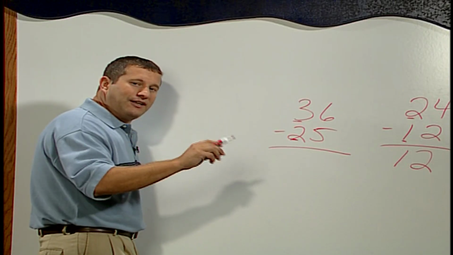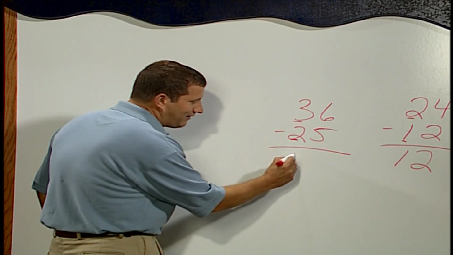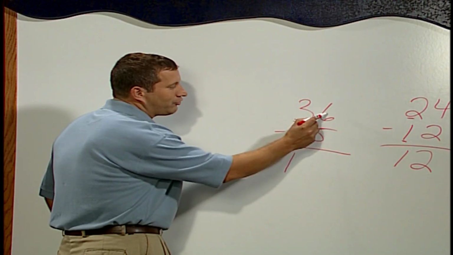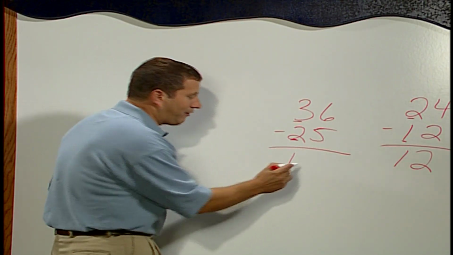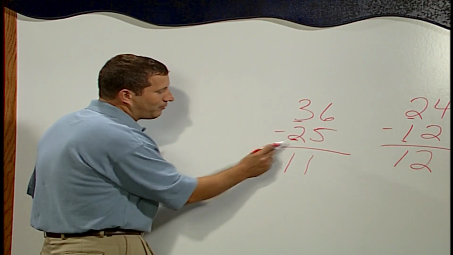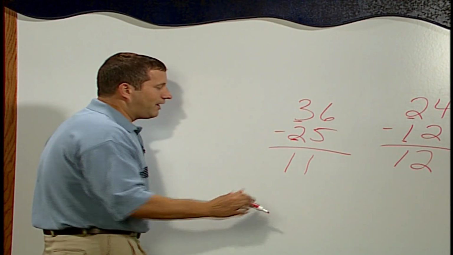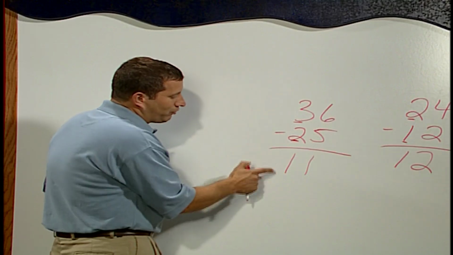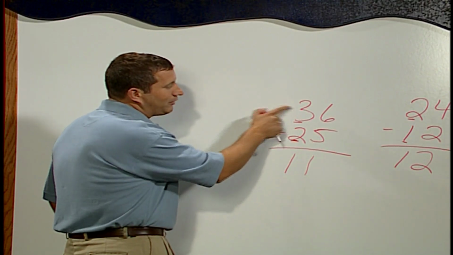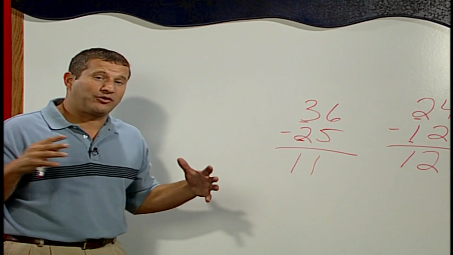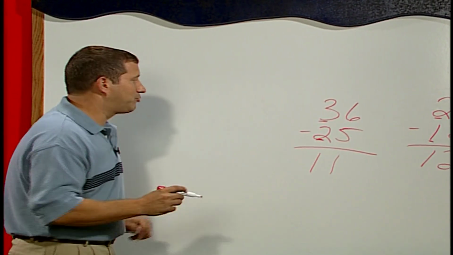So what's 30 minus 20? You'll get 10, and then we go over here and do 6 minus 5. 6 minus 5 is 1, so 36 minus 25 is indeed 11. To check and make sure that's right, we just add backwards. We do 11 plus 25 equals 36. So do you see how it's really reverse addition, not subtraction?